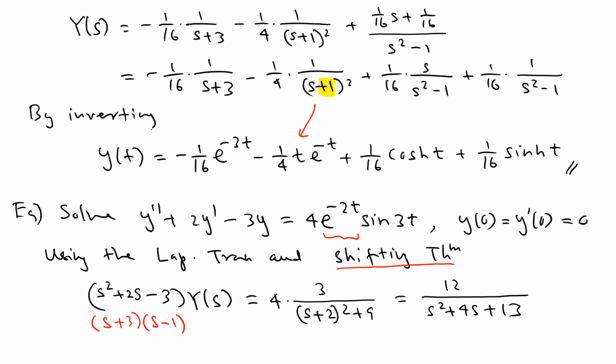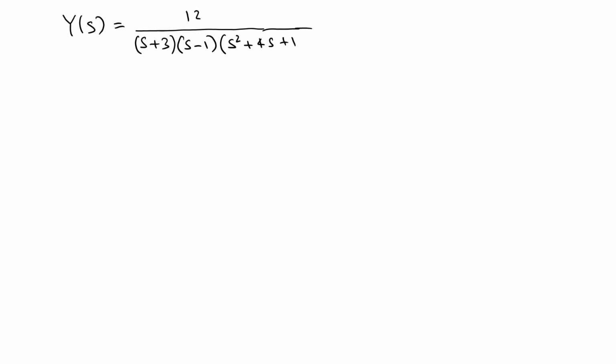So then we're going to get the transform like this. Now Y(s) can be written as 12 over the two factors, s plus 3, s minus 1, and then we have s squared plus 4s plus 13.